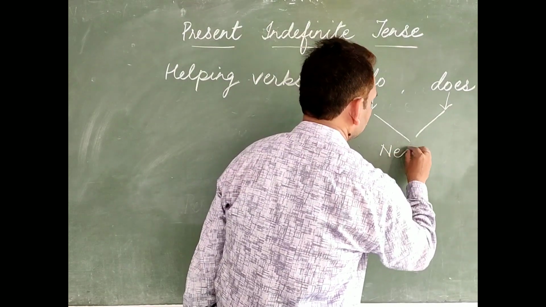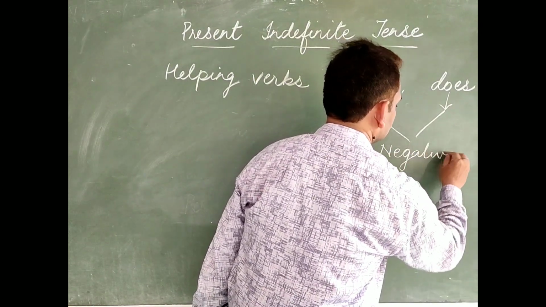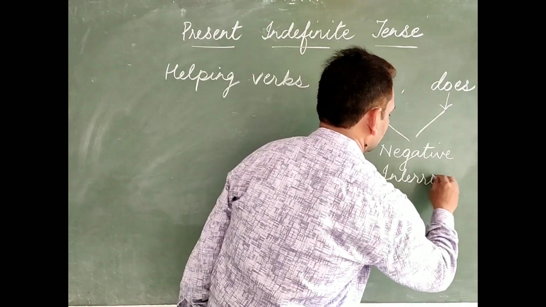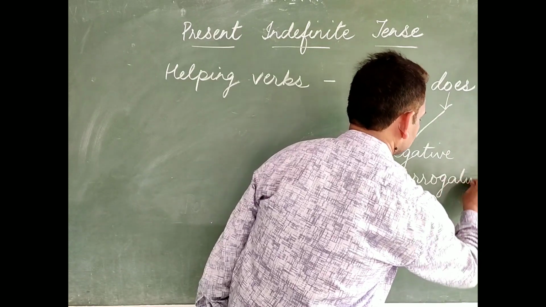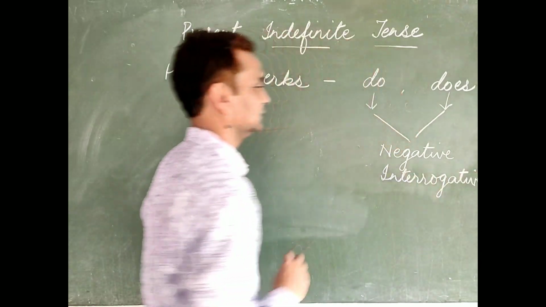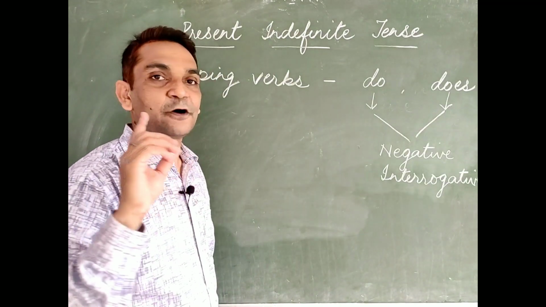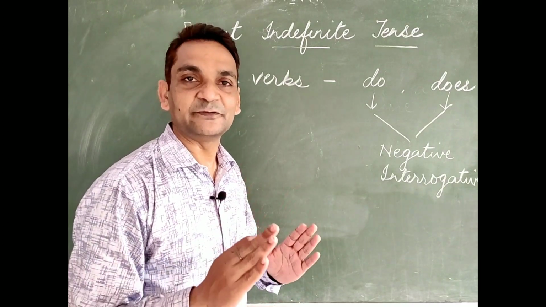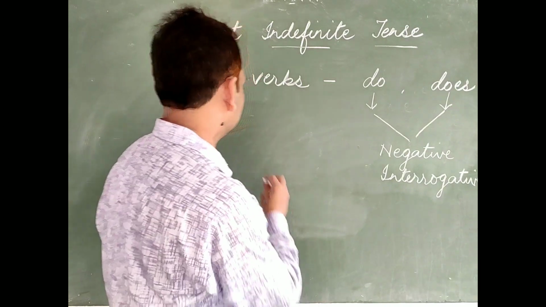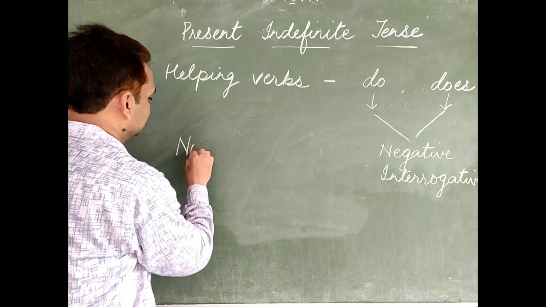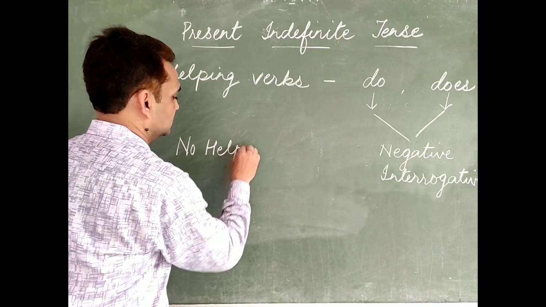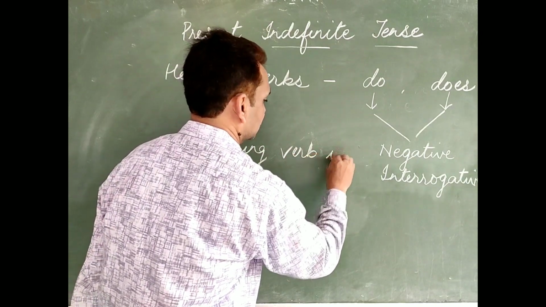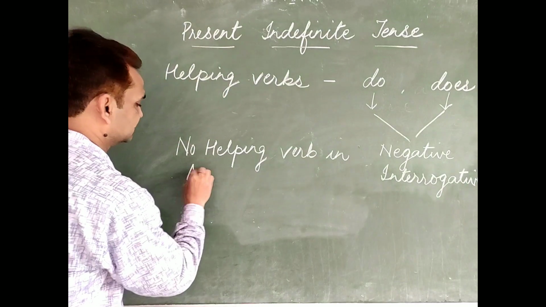So you can use this do and does only in negative and interrogative sentences. It means for affirmative sentence there will be no use of helping verb do or does.